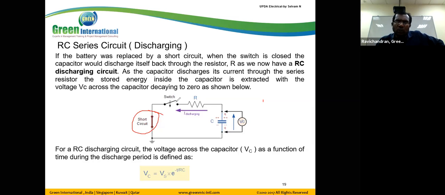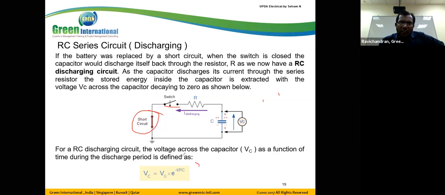If the switch is closed, the capacitor is short circuited, so it discharges its voltage through the switch or short circuit. At that time, the entire voltage stored in the capacitor is discharged through the short circuit path. So it takes some time.